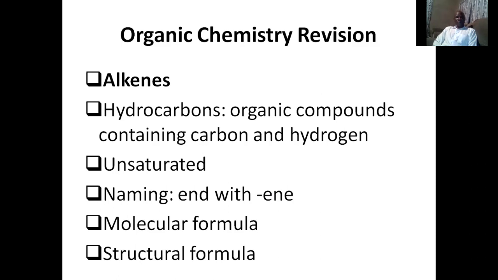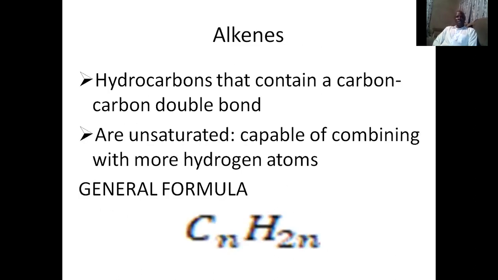Then we'll look at how we can write the molecular formula, which we are going to generate from the general formula, and then we'll be able to write also the structure formula. The hydrocarbons, as I indicated, actually contain a carbon double bond, that is the alkenes.